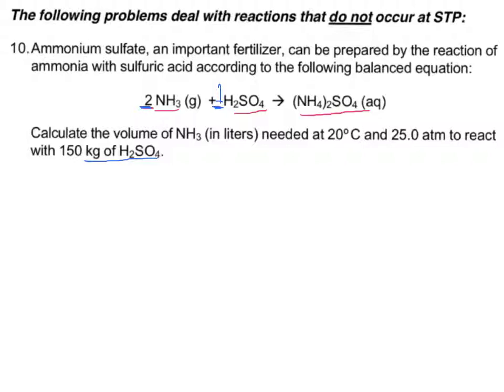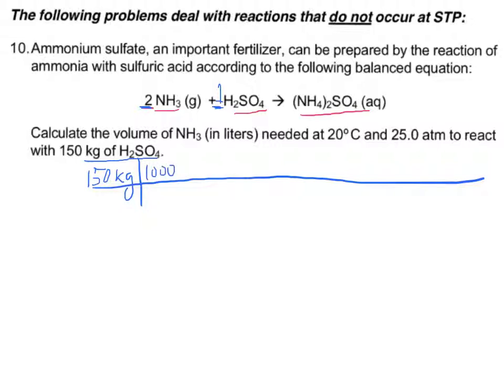So we have 150 kilograms. Whether or not you actually do this step, I wouldn't necessarily require it, but you should know that there are 1,000 grams in 1 kilogram. So 1,000 grams per 1 kilogram. Basically we're multiplying 150 by 1,000.